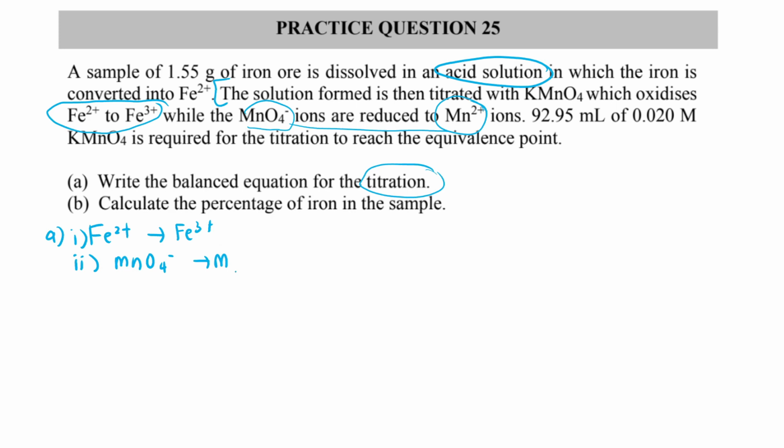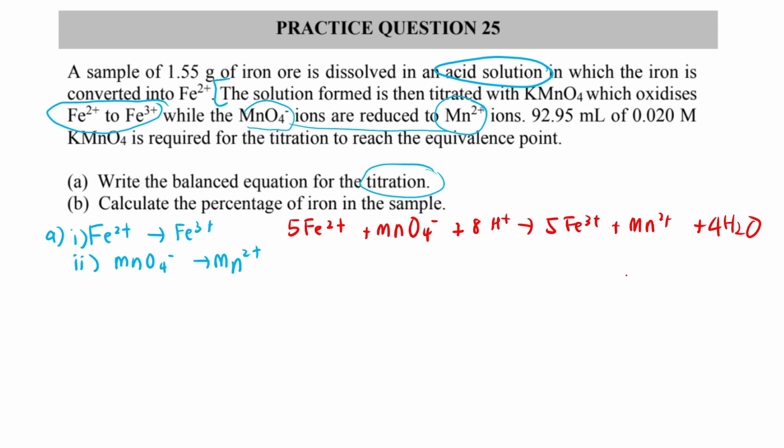So kita just guna untuk acidic step. Okay, so I just give you the answer. So the answer: 5Fe2 plus plus MnO4 minus plus 8H plus produce 5Fe3 plus plus Mn2 plus plus 4 water.